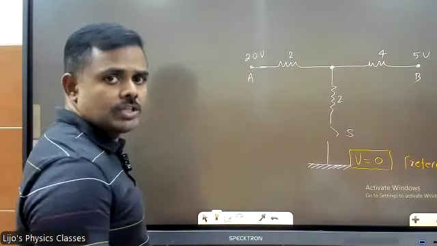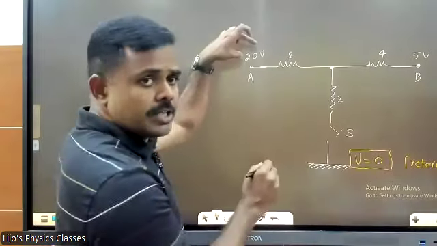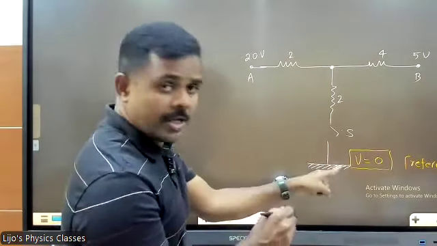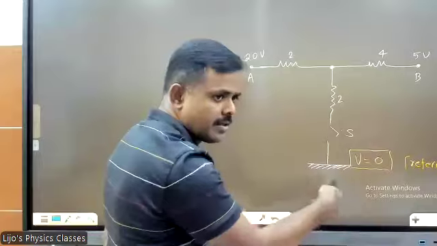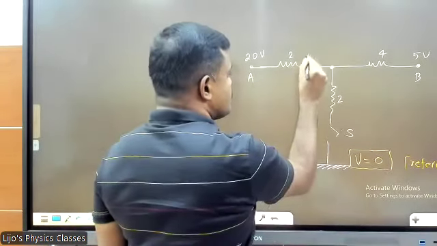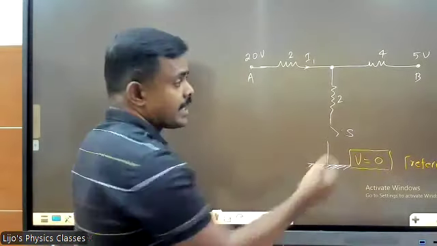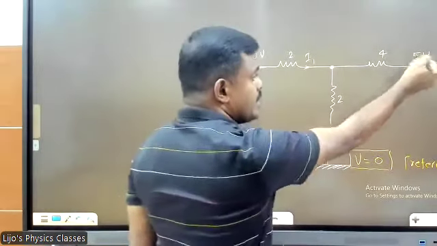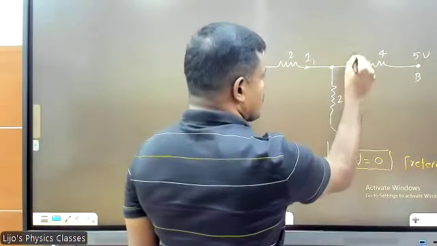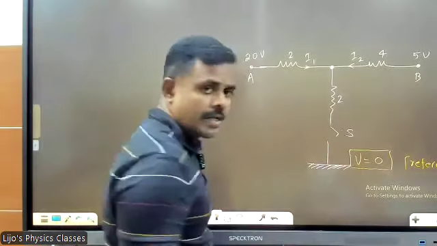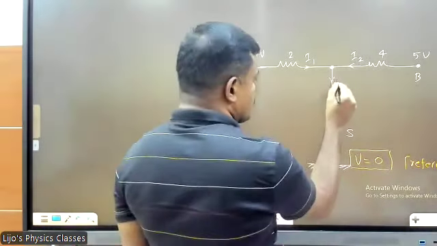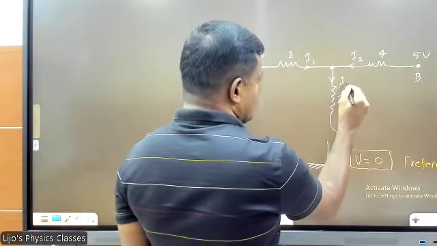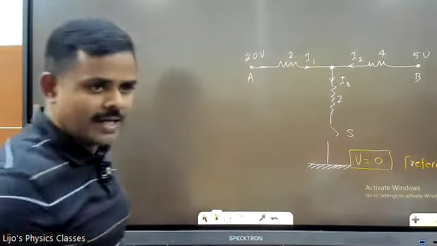Then which way is the current flowing? This is higher potential, 20, and this is lower potential. So current is flowing this way. Draw that current I1. And there is a current flowing from that point to this point. That can be called I2. Then they join together to become I3.